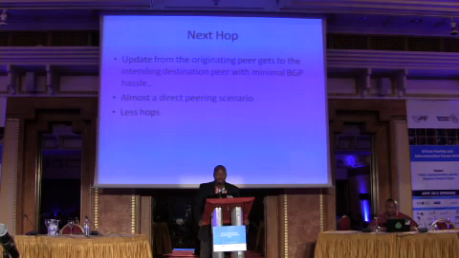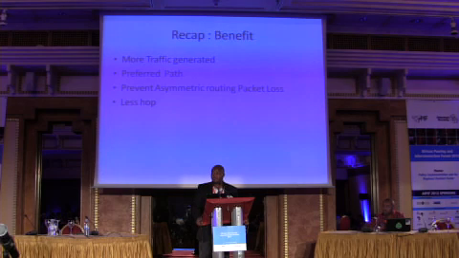And just a recap of the benefits. There's more traffic generated. The path where the route server is possibly and most likely going to be selected as the best path. The chances of being the less path is very, very high.